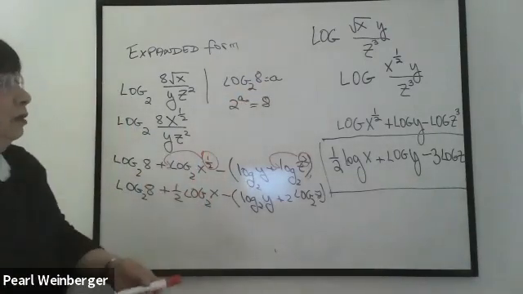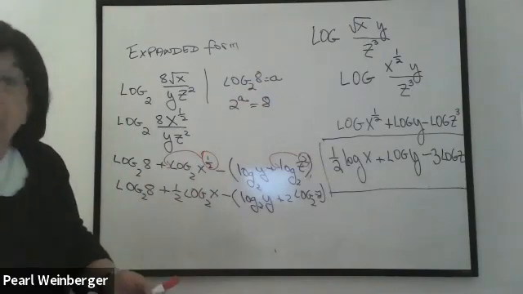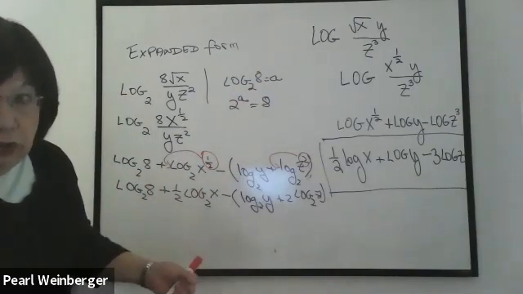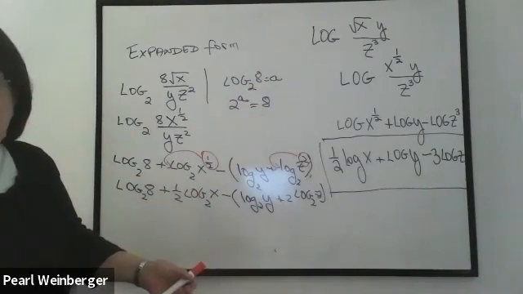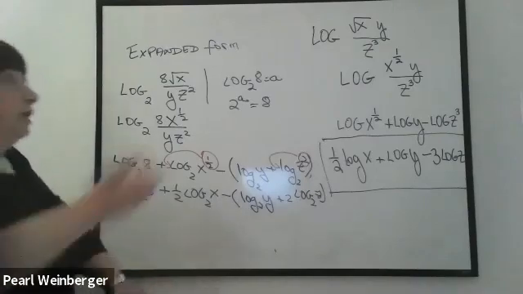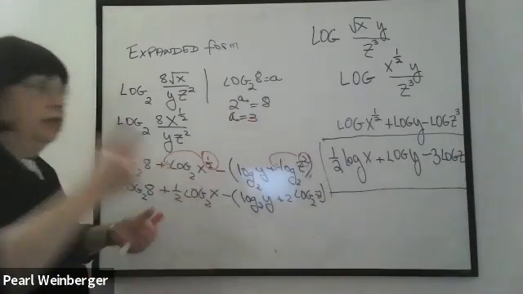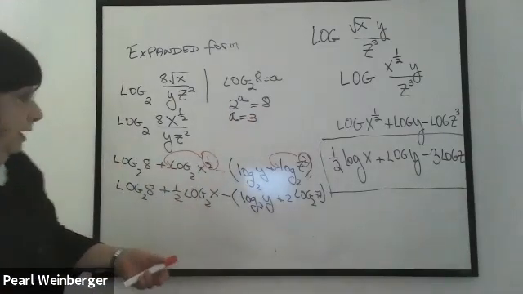So I think, 2 to what exponent will give me 8? And that happens to be something I do know. 2 to the 3 will give me 8. So the a would have to be the exponent 3, because 2 times 2 times 2 is what gives me 8.